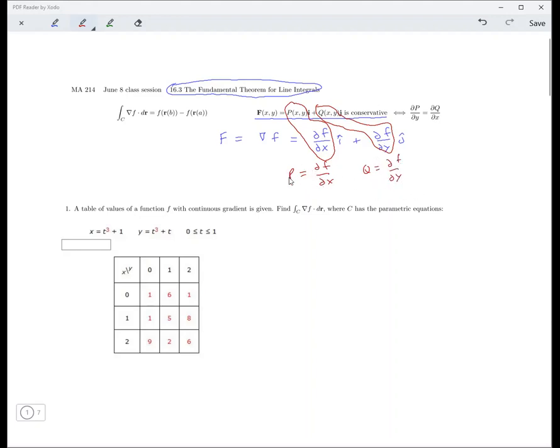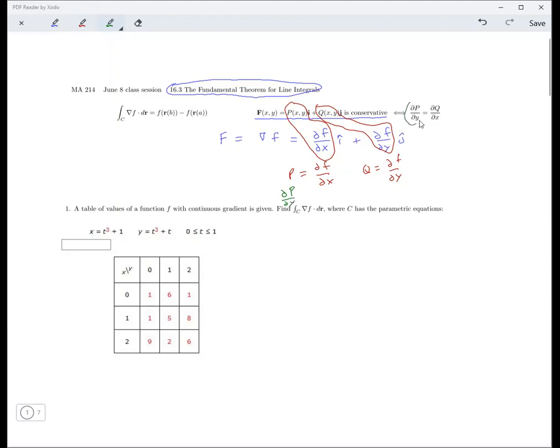So if you take the partial of P with respect to y, then you're going to get the mixed partial of f with respect to x and y. And if you take the partial of Q with respect to x, then you're going to get a mixed partial. So let me officially do that.